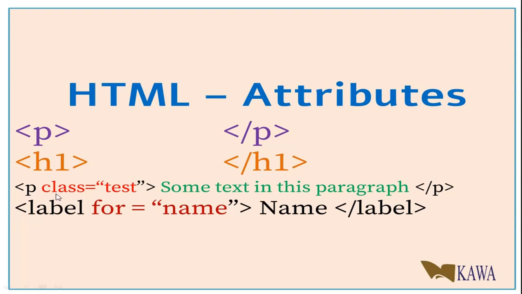Okay, let's get on to attributes. Attributes give you more information about that element. We can see in an example of a paragraph tag where we introduced an attribute, class. This is a CSS attribute. Now in this paragraph we have more information.